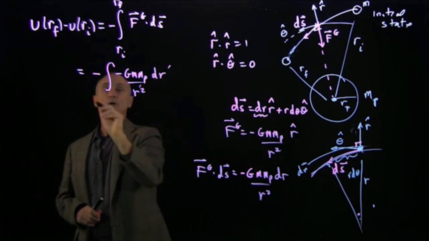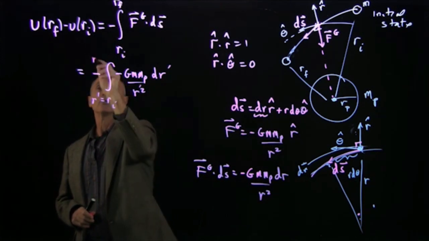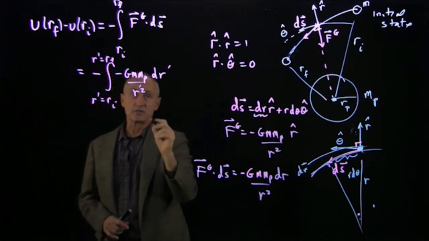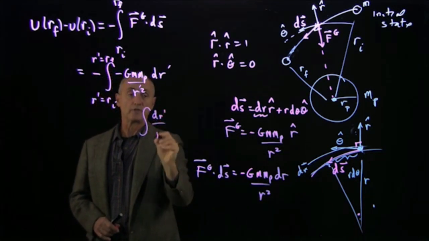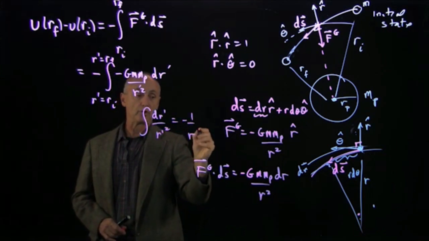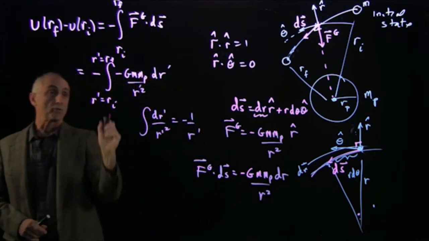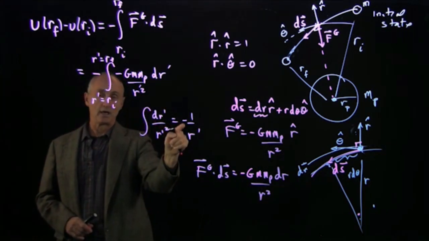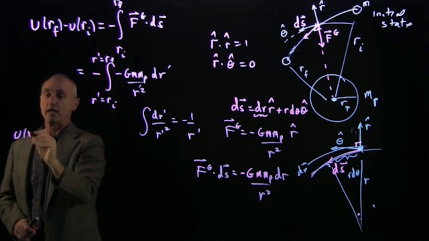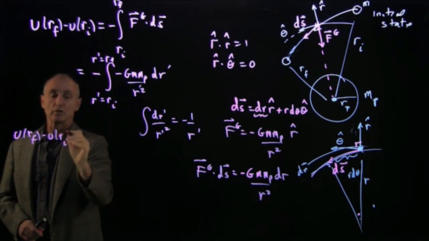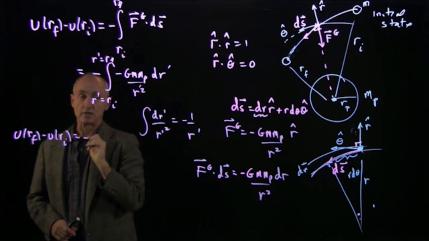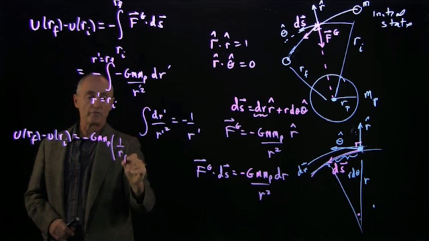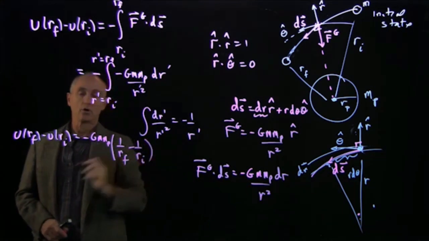And let's make this our integration variable, r prime, from r prime equals r initial to r prime equals r final. And there's going to be a third minus sign because the integral of dr over r prime squared is minus 1 over r prime. So there'll be 3 minus signs, 1 from the definition, 1 from the scalar product, and 1 from the integration. And so we get U of r final minus U of r initial equals, 3 minus signs giving an overall minus sign, G m M planet, 1 over r final minus 1 over r initial.